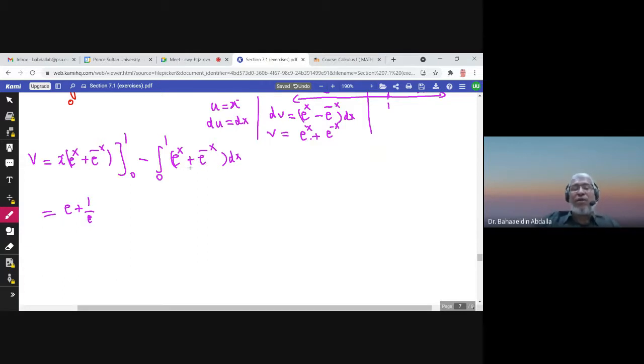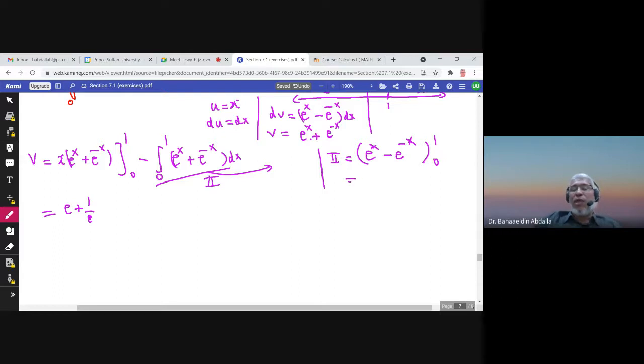Now this integral, let me call it double I. In e^x, the integral of e^x is e^x, plus the integral of e^(-x) is e^(-x) over negative 1, so this plus would be minus, from 0 to 1.